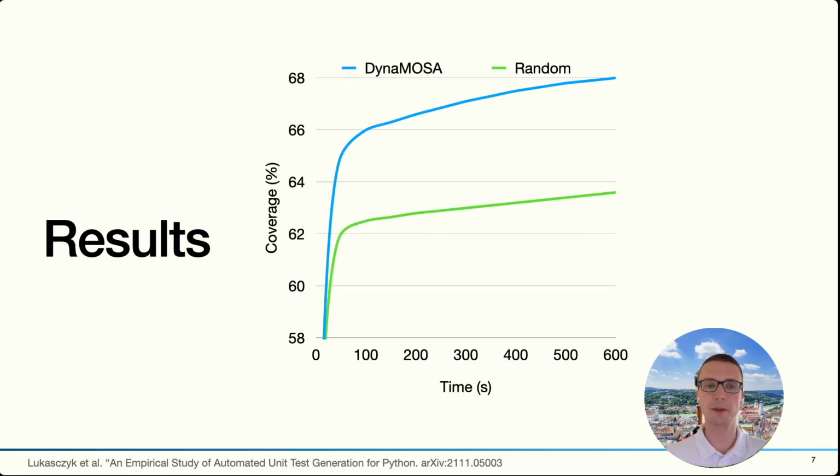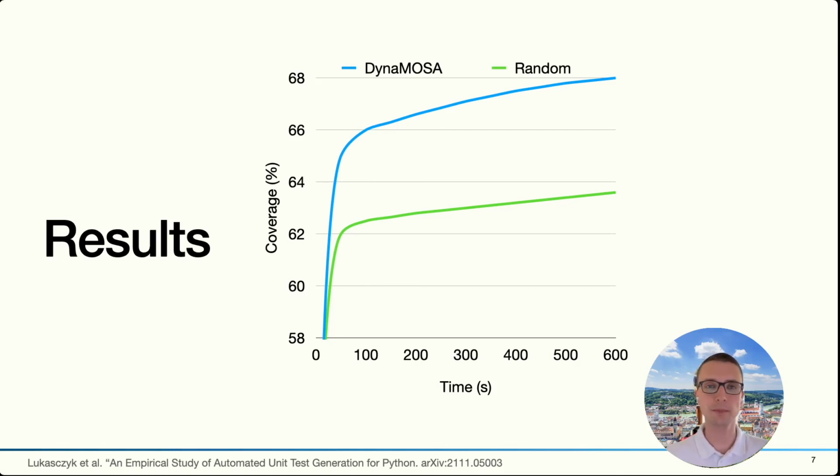Here I only show you the best and worst performing test generation algorithms in this experiment. Please have a look at our paper for the numbers on the other test generation algorithms that are implemented in Pynguin.